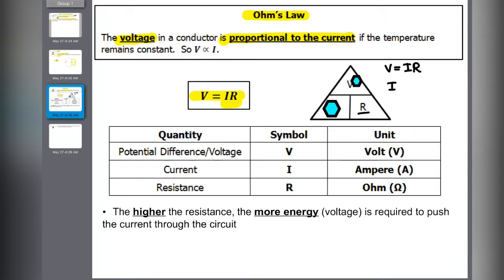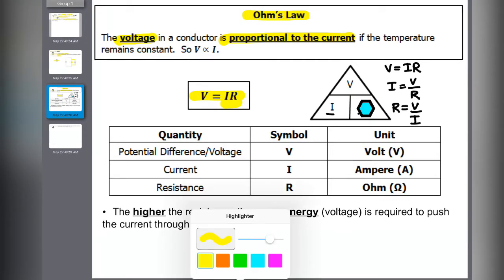So I'm going to write V at the top and then R at the bottom. If I want to change the question and say I want to look for R, I'm going to cover up the R and see what I have left. If I want to find R, V is at the top, I is at the bottom. So that's the three different ways to write your equation.